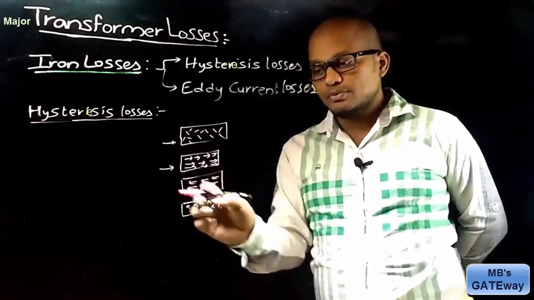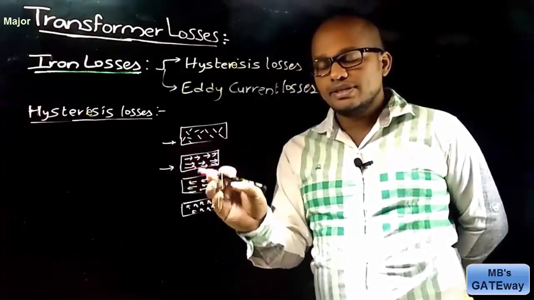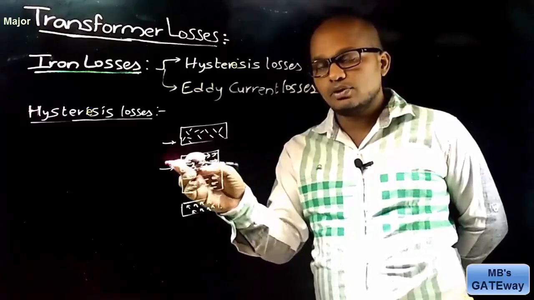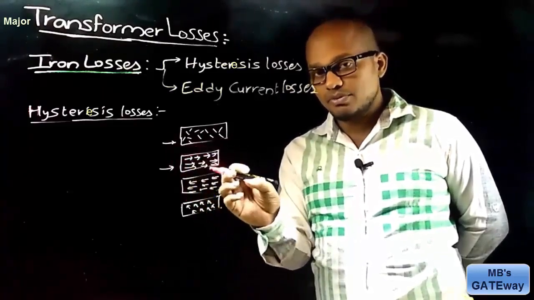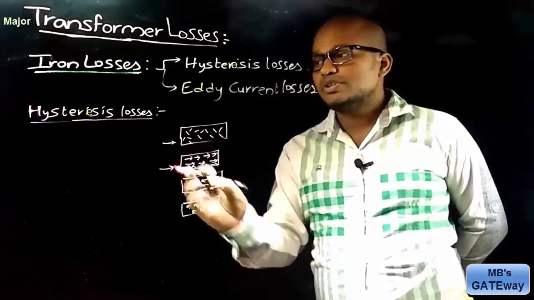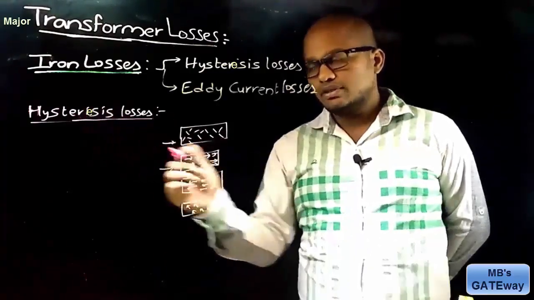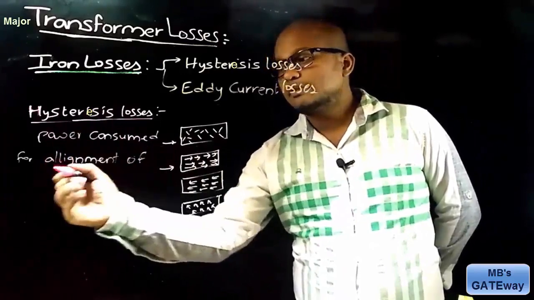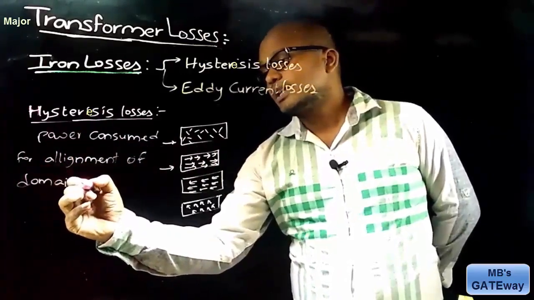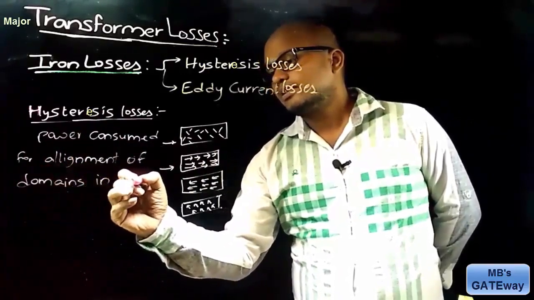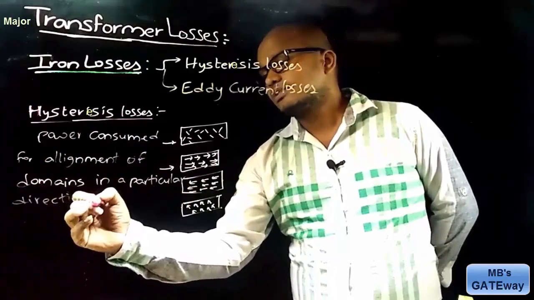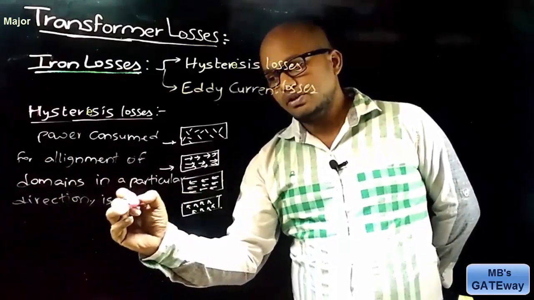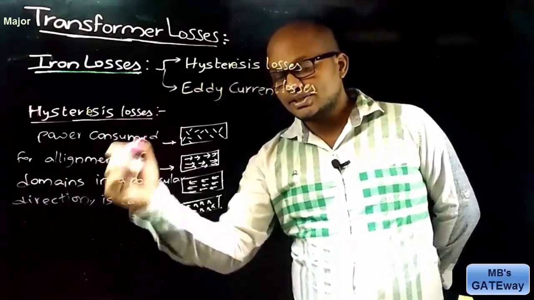From this you must note that these domains will be aligned in different directions depending on the excitation, and for their alignment they will consume some power, and that power consumed is called hysteresis loss. That is, the power consumed for alignment of domains in a particular direction is called hysteresis loss.